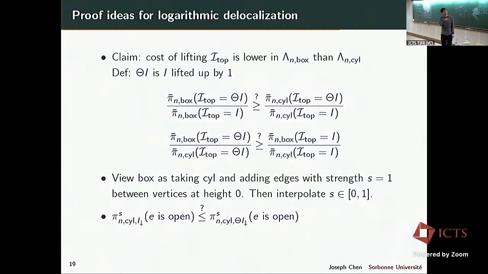So in fact, what this is saying is that the effect of the floor from the perspective of this I-top, this top interface, it's kind of pushing you up. It's saying it's actually easier to lift than if there was no floor.